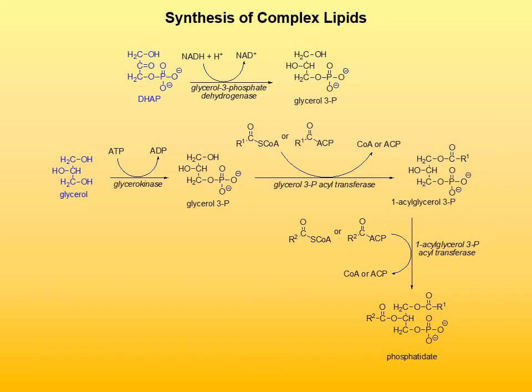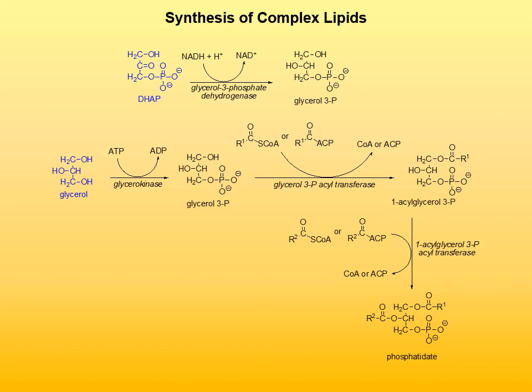So it has to be reduced by NADH to glycerol 3-phosphate, and then it can enter synthesis of phosphatidates. Otherwise, if glycerol is the precursor, then it is phosphorylated into glycerol 3-phosphate. So either way, glycerol 3-phosphate then is the precursor for further synthesis of phosphatidates.